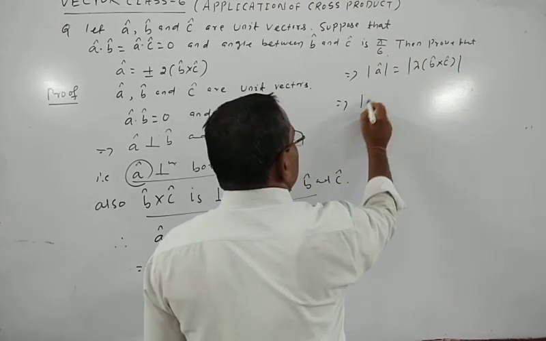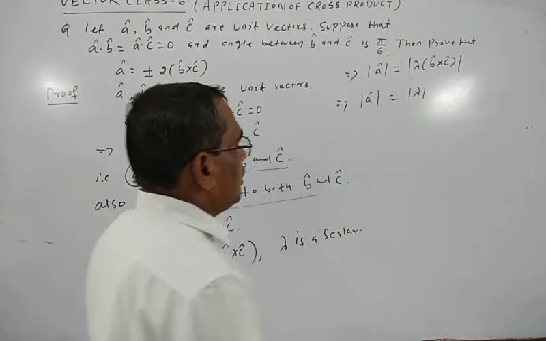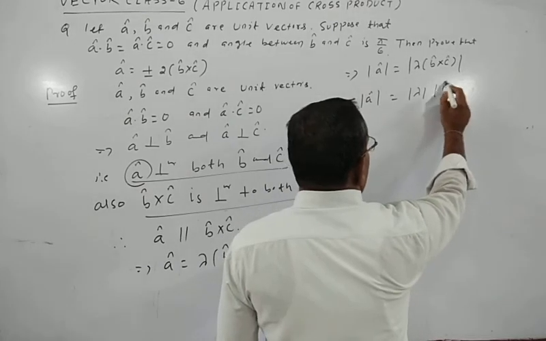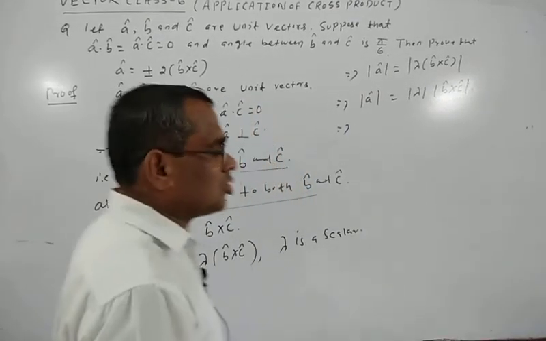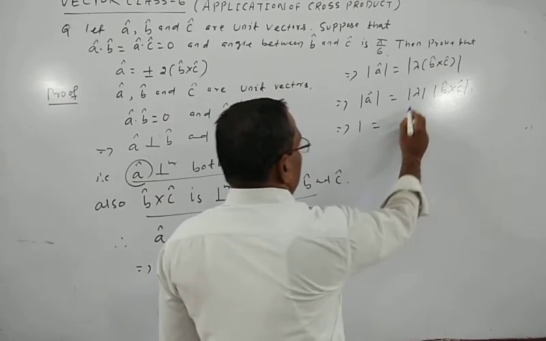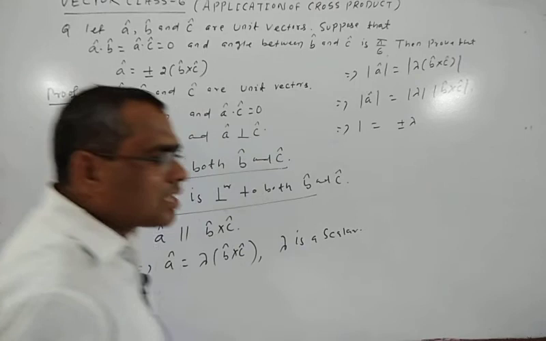That implies A cap magnitude is equal to mod lambda into B cap cross C cap magnitude. That is, A cap magnitude is 1 and mod lambda is plus or minus lambda, because mod x means plus or minus x.